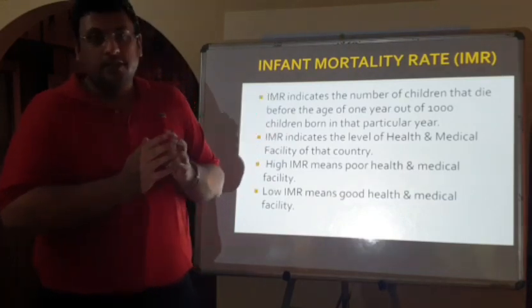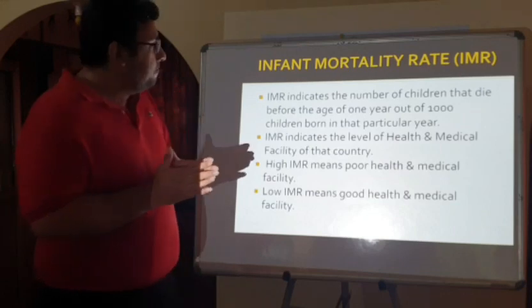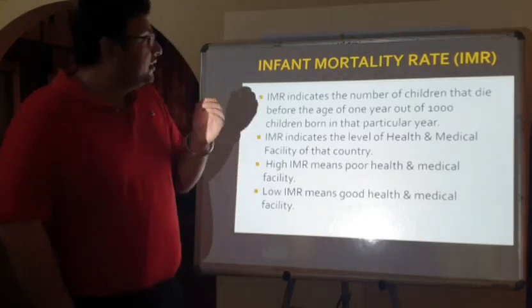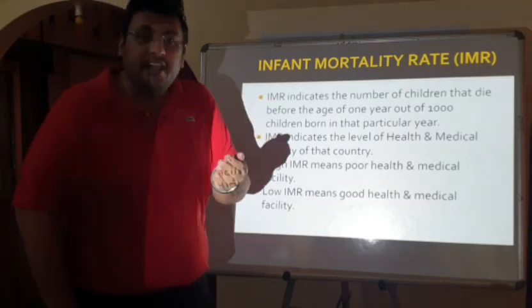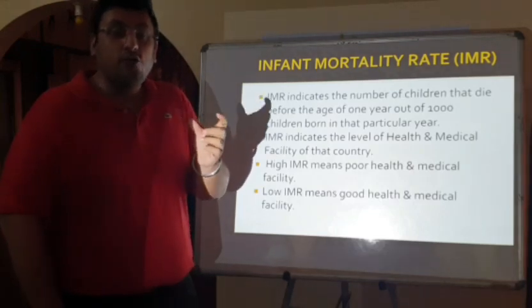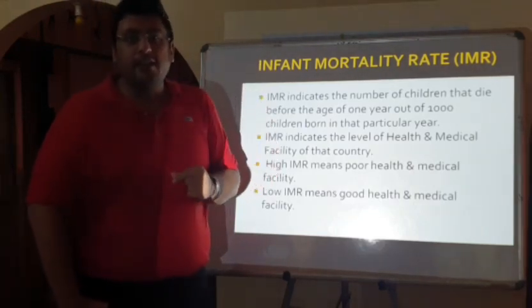Mortality means death. Infant means a child, a small baby. ठीक है? तो infant mortality rate, again let me tell you, it shows the number of children that die at the age of less than 1 year out of 1000 children who have taken birth in that particular year.